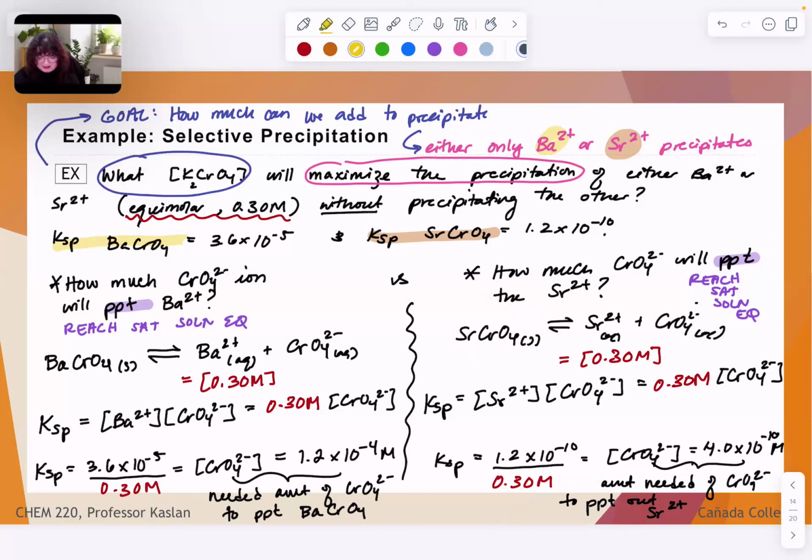Because less is needed to precipitate, this means that the strontium precipitates first, because we have to add a lesser amount of chromate in order for that to reach its saturation point.